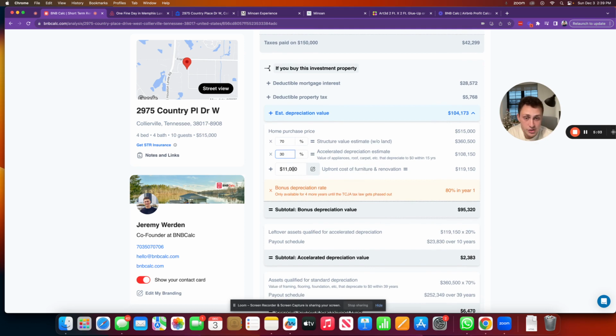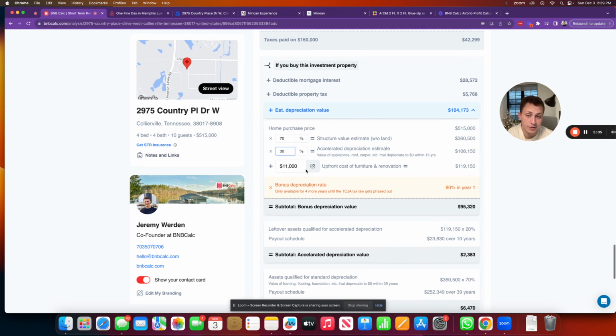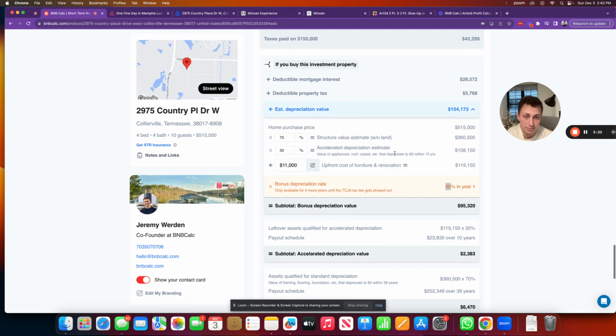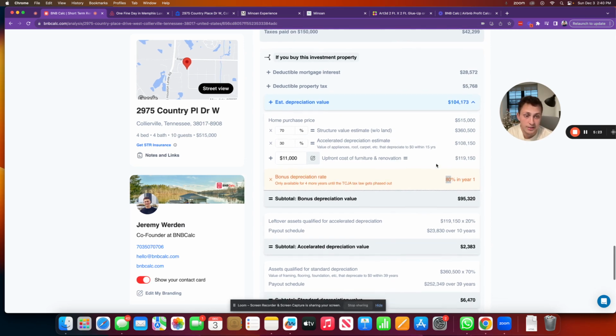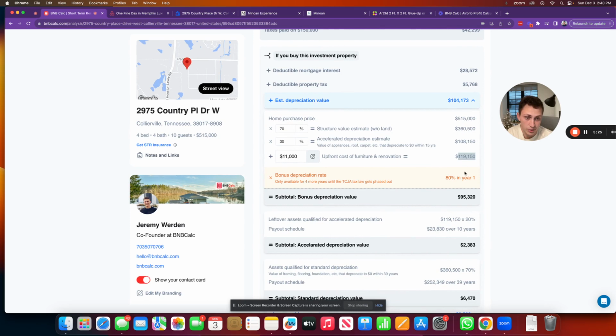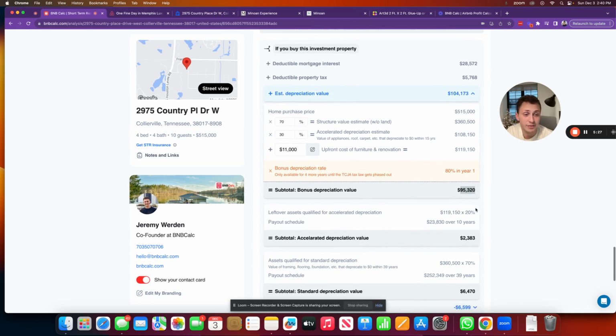We also have furniture, so it's the same thing. Furniture is generally on about as short a period as possible. So this year in 2023, you can write off 80% of this: the furniture plus the structure depreciation. So 80% of what would be 120 grand, which would be $95,000.